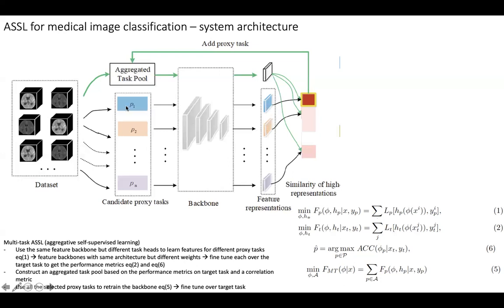That means for each task, we will have a pre-trained backbone and a corresponding proxy task head. Then we fine-tune these different backbones on the downstream task by replacing the corresponding proxy task head with the target task head.